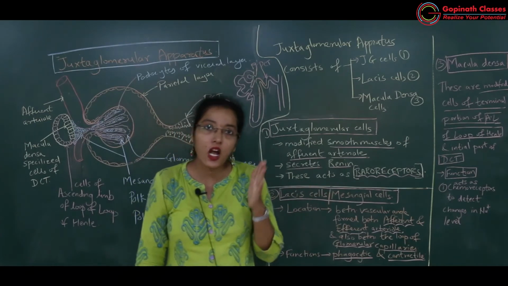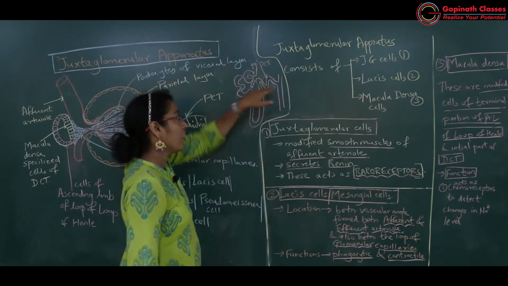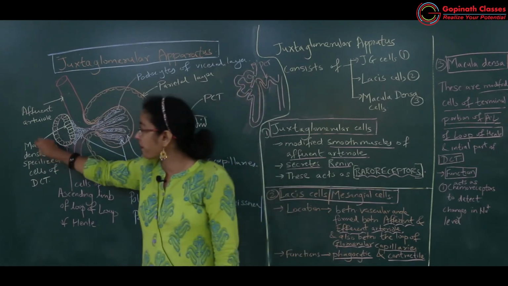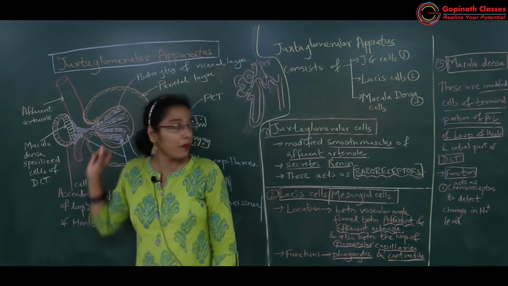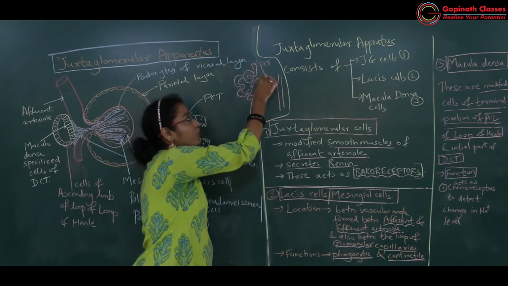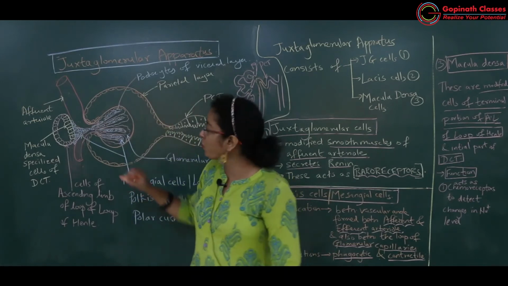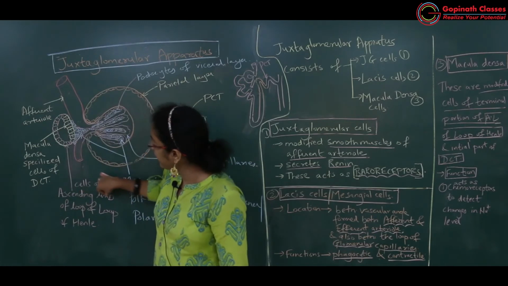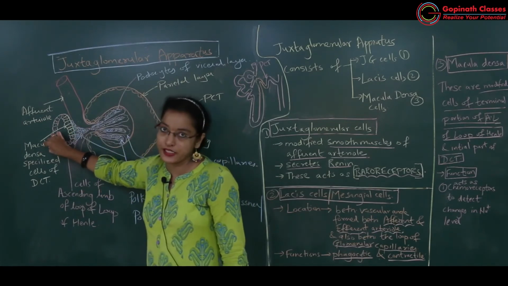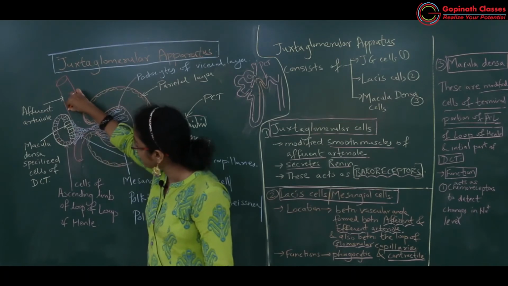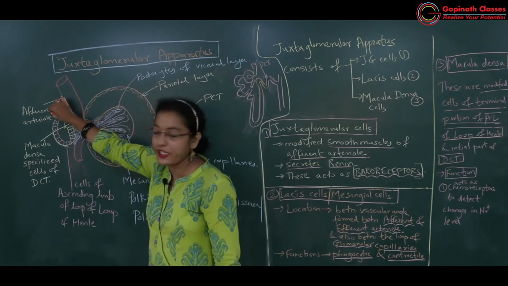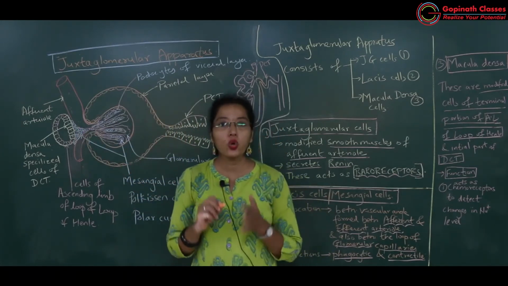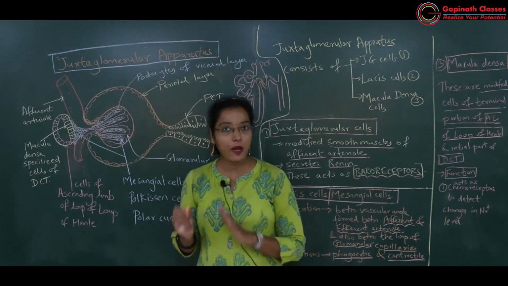What is the macula densa? These are the cells of the initial part of the ascending limb and a few cells of the DCT. So a few cells of the DCT and a few cells of the ascending limb will form the macula densa. The macula densa, juxtaglomerular cells of the afferent arteriole and Lacy cells together form the juxtaglomerular apparatus.